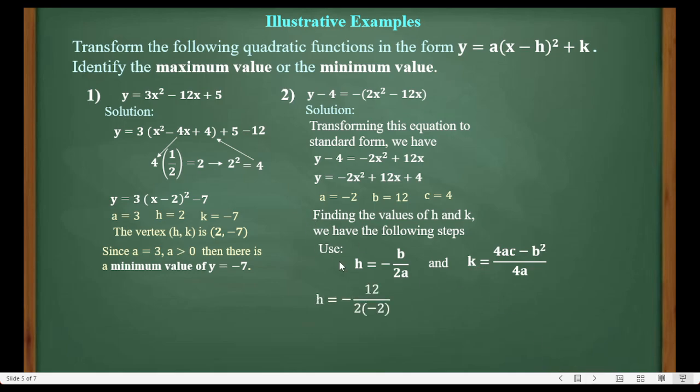First, we go to the computation of the value of H. So, that is negative B, which is 12, all over 2 times A, which is negative 2. If we are going to simplify this expression right here, the value that we get for H is 3. Okay?